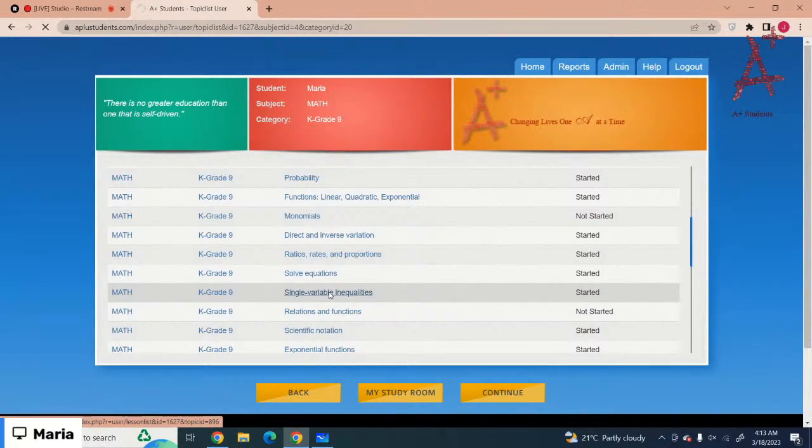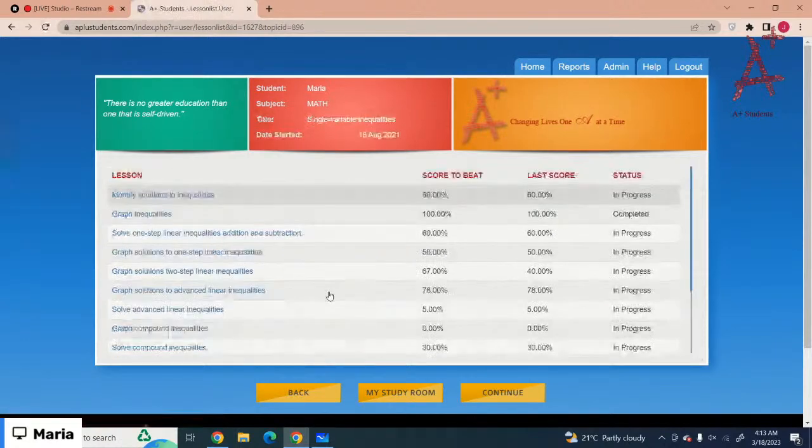And we're going to start with the very first lesson of the chapter, that is identify solutions to inequalities. Let's just start with the first lesson.